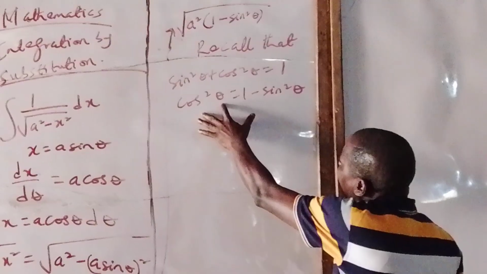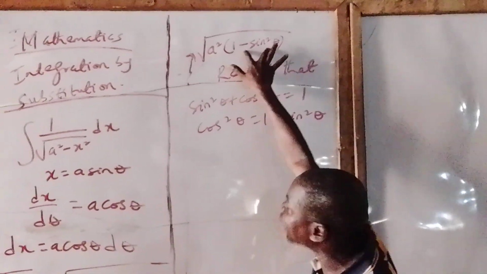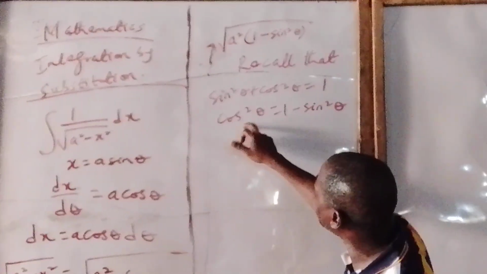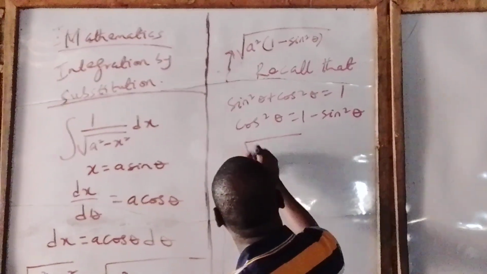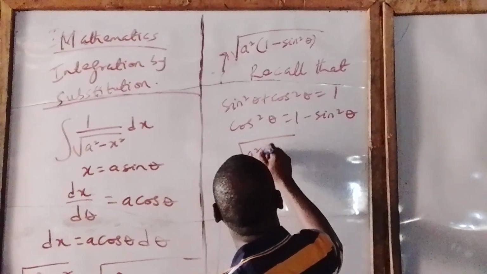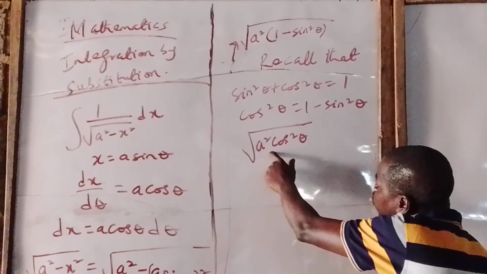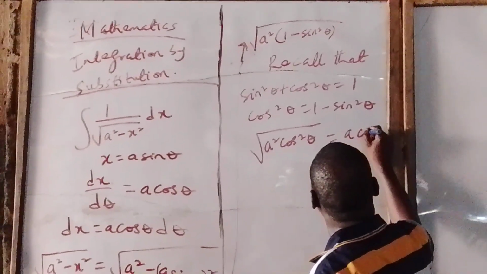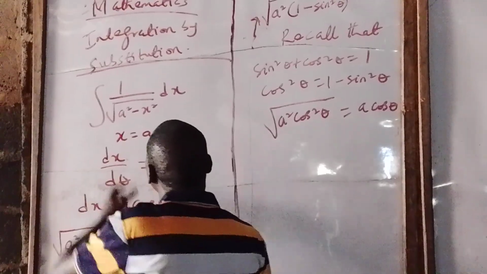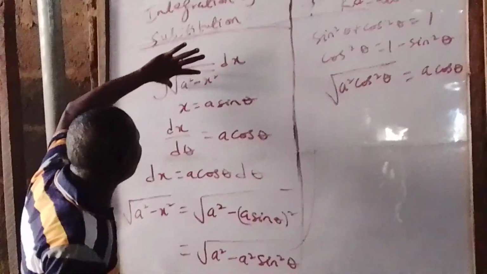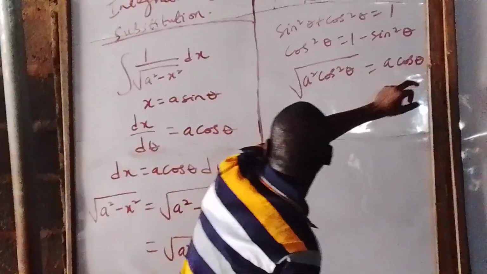So this 1 minus sine squared theta that appeared here will be replaced with cos squared theta. This expression becomes the square root of a squared cos squared theta, which is a cos theta. So we have successfully converted the square root of a squared minus x squared in terms of theta as a cos theta.